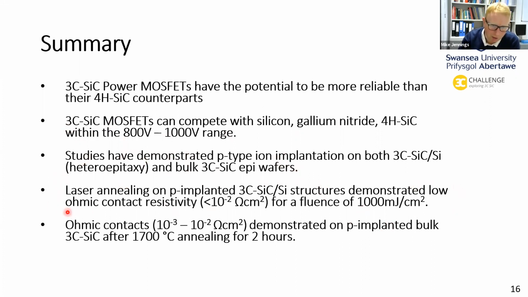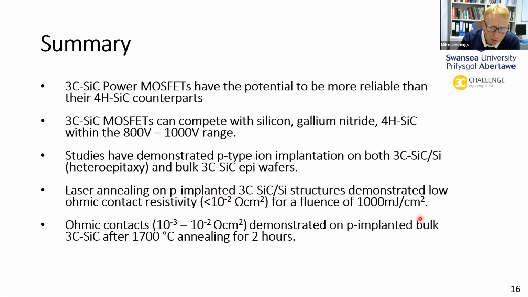We've also demonstrated quite a novel laser annealing technique to achieve localized annealing without affecting the silicon wafer underneath. And we've got pretty good contact resistances, less than 10 to the power minus 2 ohm centimeter squared.